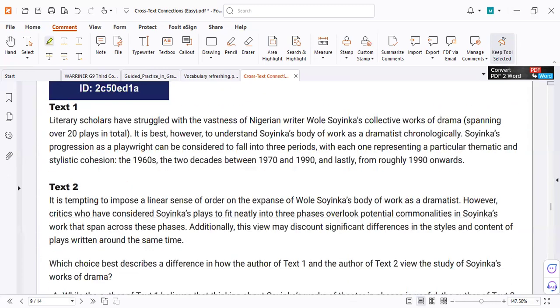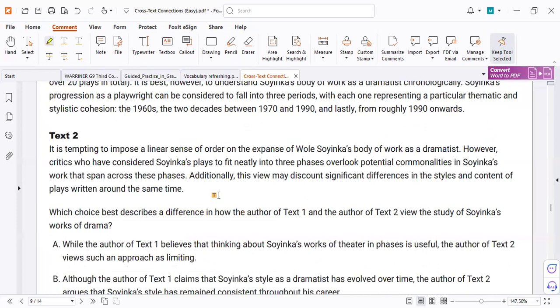What is your dangerous answer? C. Letter C. No, my dear. Let's read the question again. Here, it shows a difference. The study, yeah. So what are their opinions about the study? Let's try.